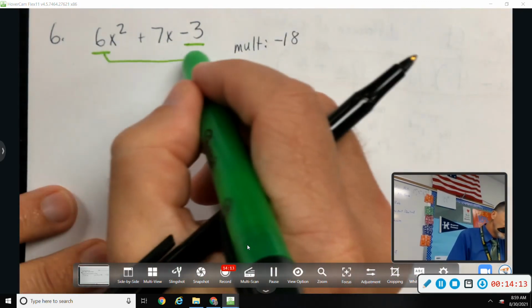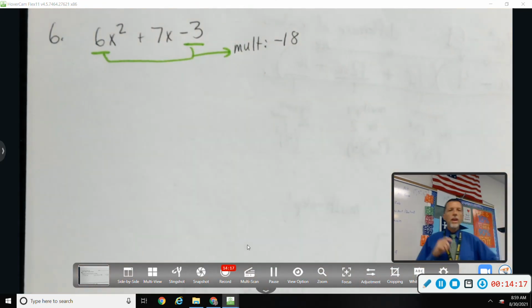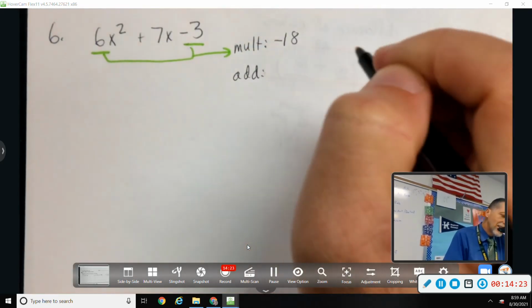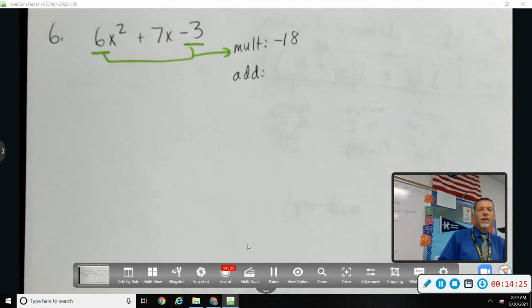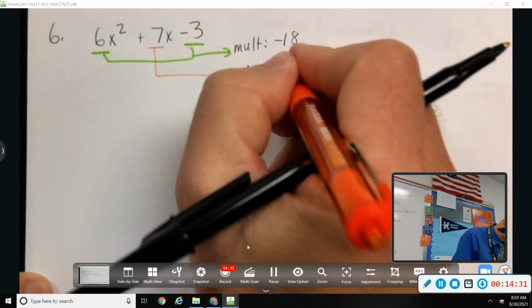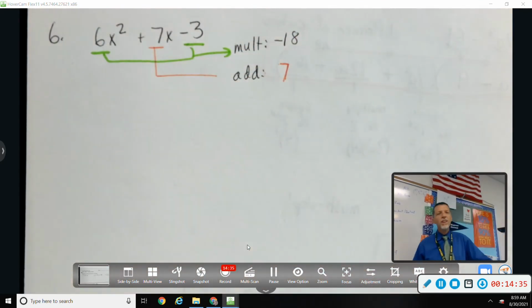I love this trick. And we're going to find two numbers that multiply to negative 18 and add to our target, which is the middle one, 7. So I need two numbers that add to 7 and multiply to negative 18.